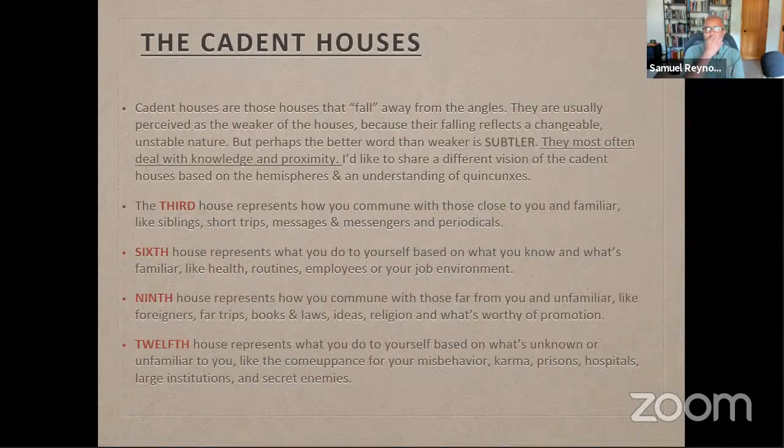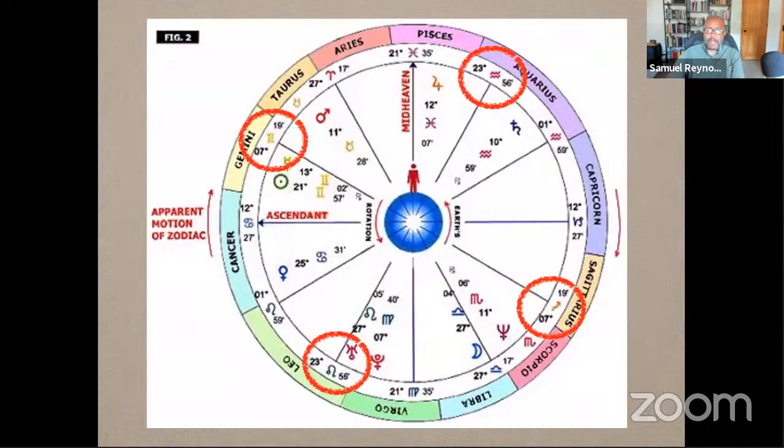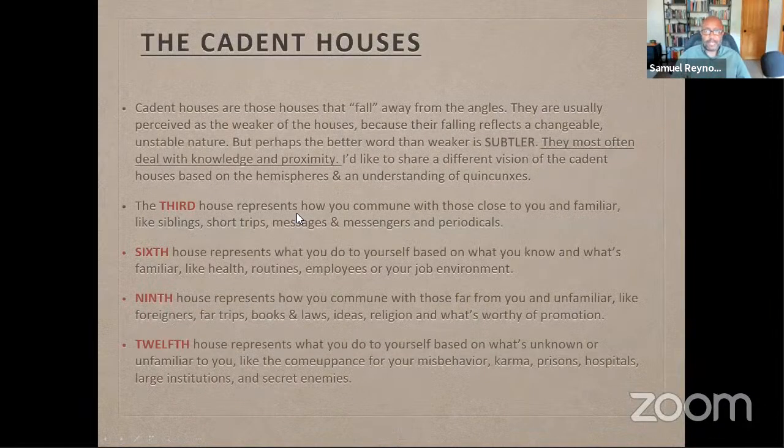So it's when something falls away from something. If we recognize that the sun moves clockwise, after it has reached its particular angle, it falls and goes into the next house. Same thing, 7th into the 6th, 4th into the 3rd, 1st into the 12th. So it falls away from the angles.